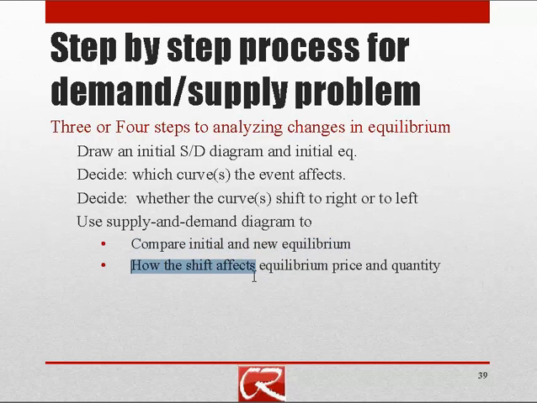And we're going to think about how the transition between the two equilibria has affected price and quantity. That's typically the ultimate punchline that we're interested in these sorts of problems. How has the event affected the equilibrium price, and how has the event affected the equilibrium quantity?